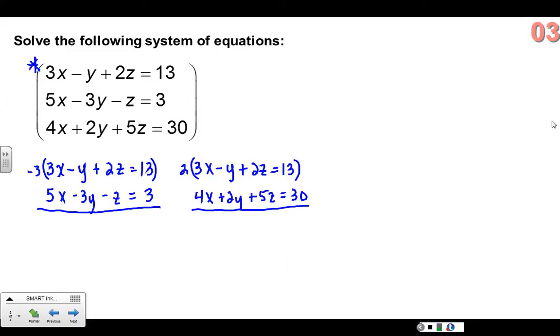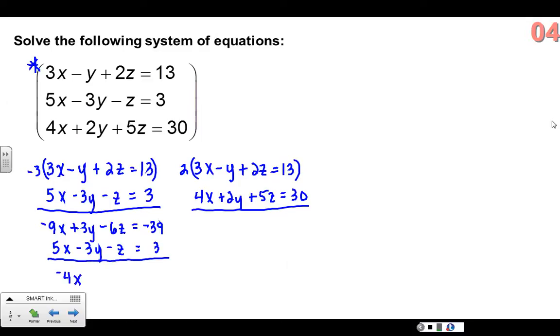So that's going to give me negative 9x plus 3y minus 6z equal to negative 39. 5x minus 3y minus z equal to 3, which is going to give us negative 4x, the y's will drop out, minus 7z equal to negative 36. So I'm just going to leave that alone for the time being.